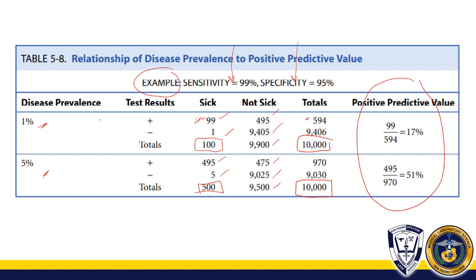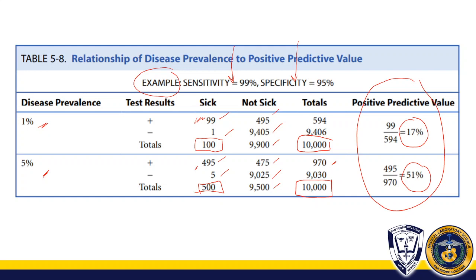And then same here, 495 divided by 970. So, look at the results now. For the 1% disease prevalence, the positive predictive value is only 17%, whereas for the 5% disease prevalence, the positive predictive value reaches 51%.